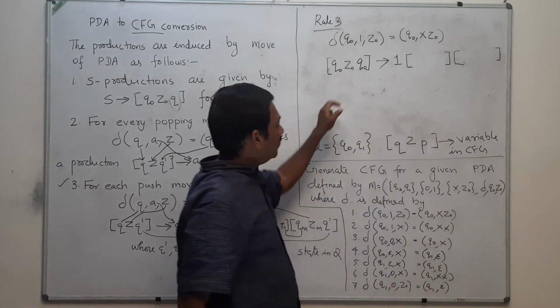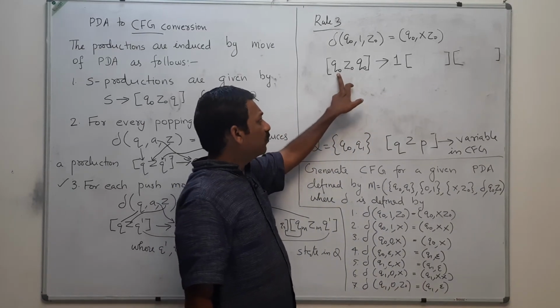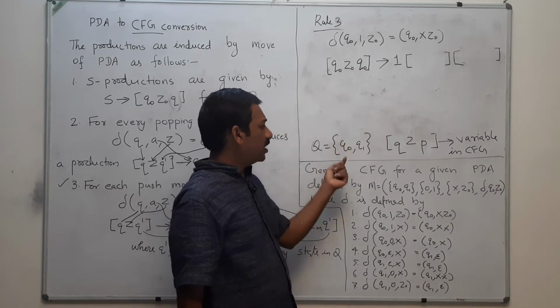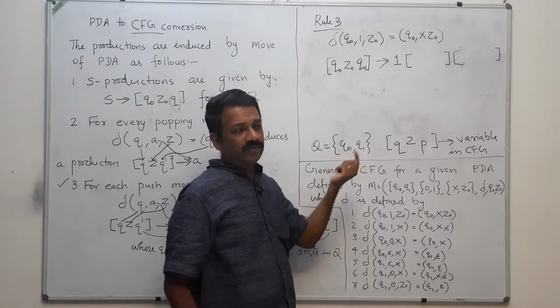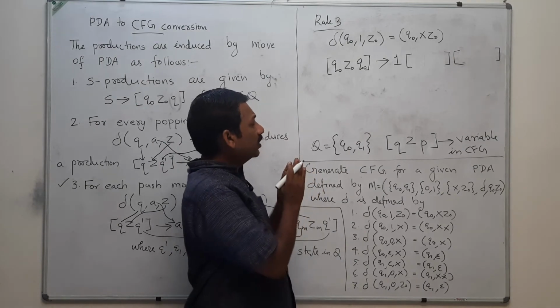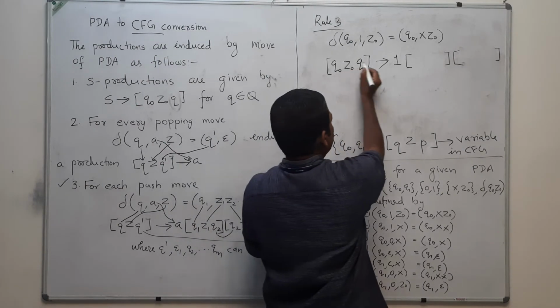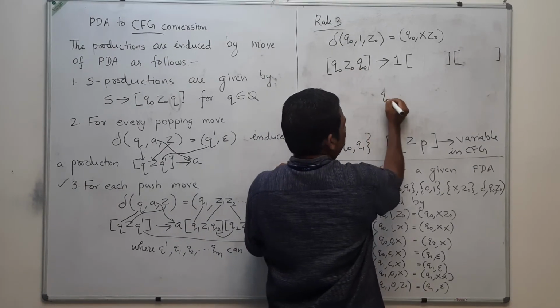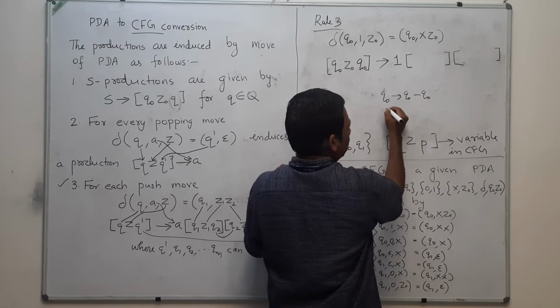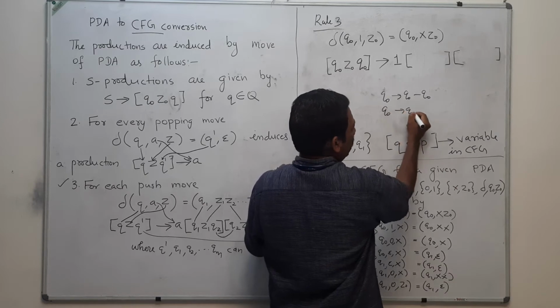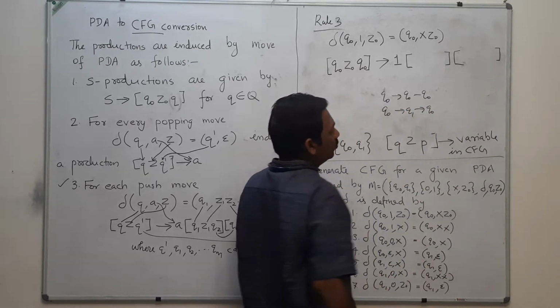Then you have to move from Q0 to Q0, and you have the only other state Q1. That means if you want to move from Q0 to Q0, you can move from Q0 to Q0 to Q0, or you can have Q0 to Q1 to Q0. These are the two moves.